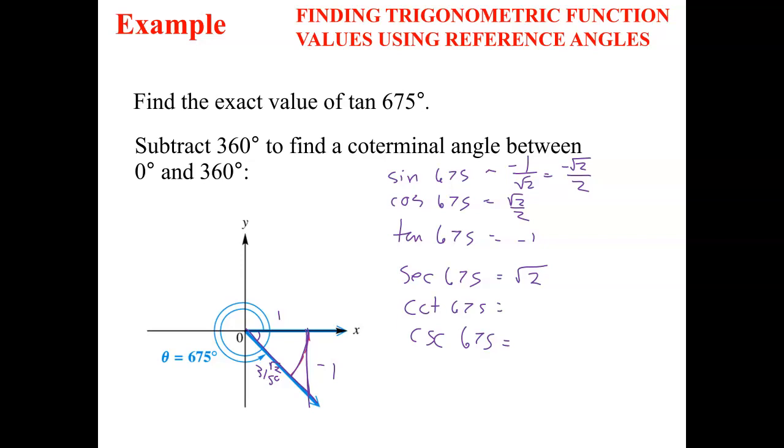Reciprocal of cosine, so it's going to be positive. Cotangent. Cosecant. Negative root 2. Our 45 triangles only have those 3 numbers to deal with. Same 3 numbers for every time we have a 45-degree reference angle.